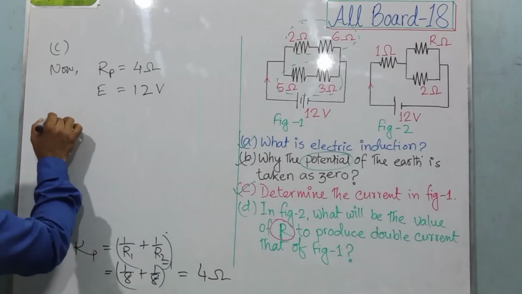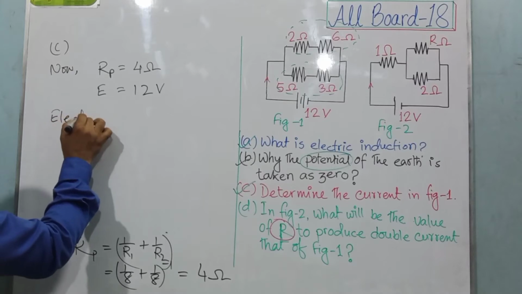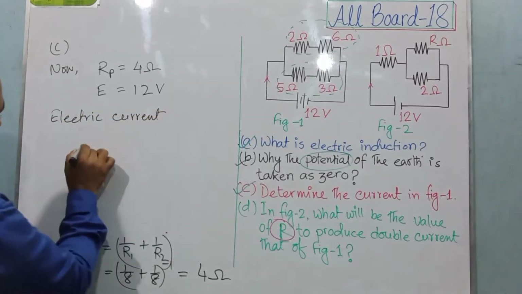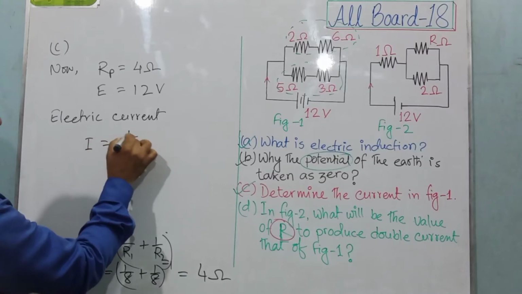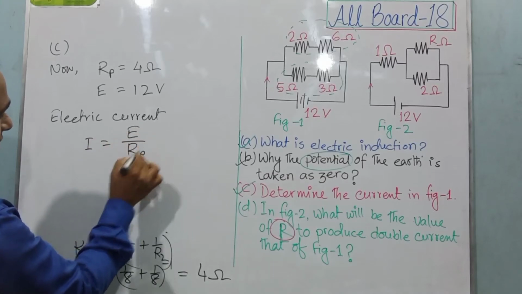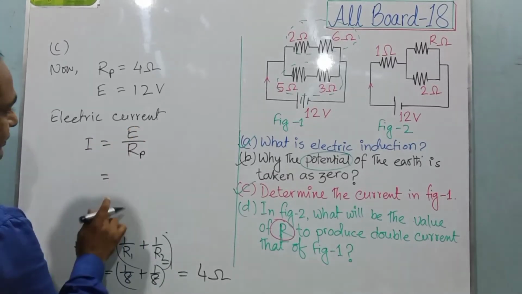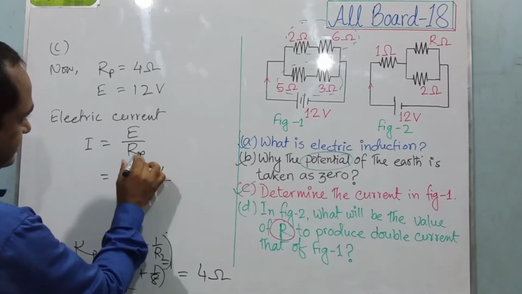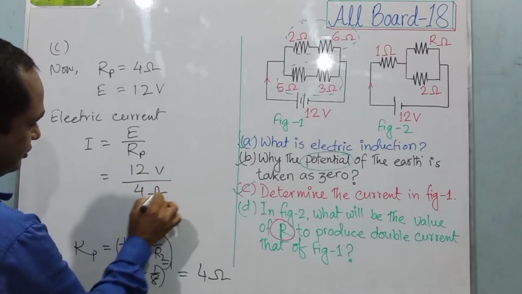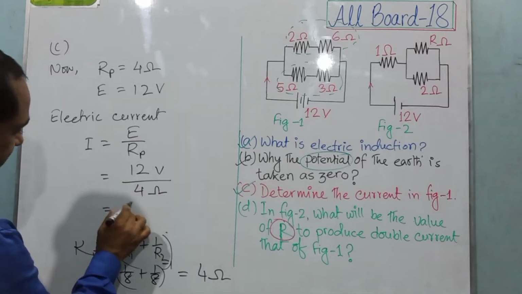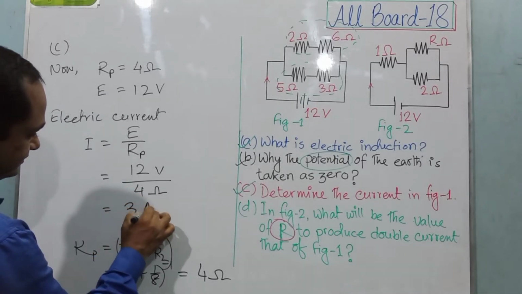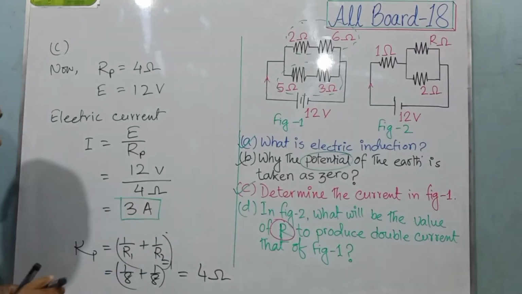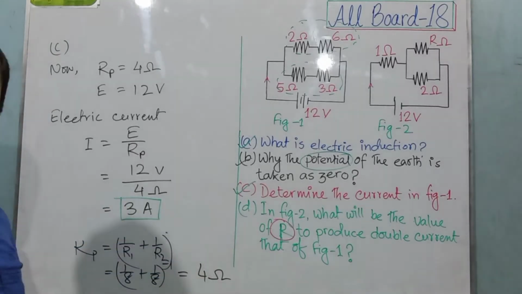So we know electric current I is equal to E divided by Rp, and the value of E is 12 volt and Rp is 4 ohm. After the calculation we will get the result is 3 ampere. This is the final result for question C.